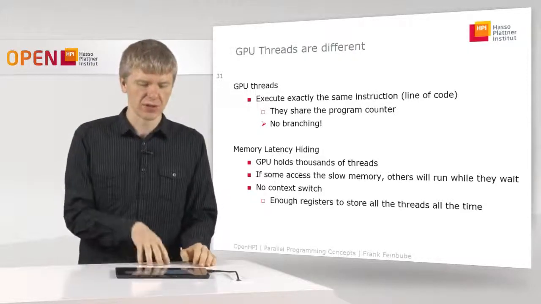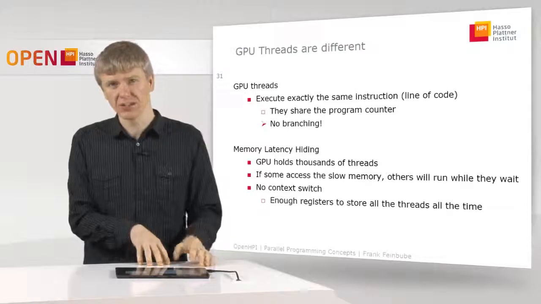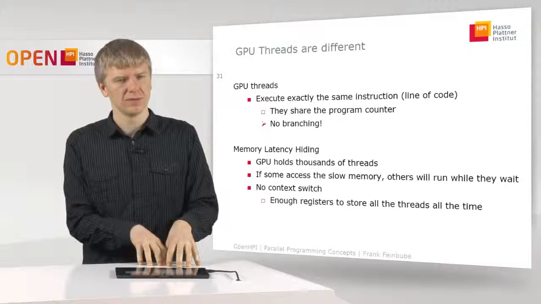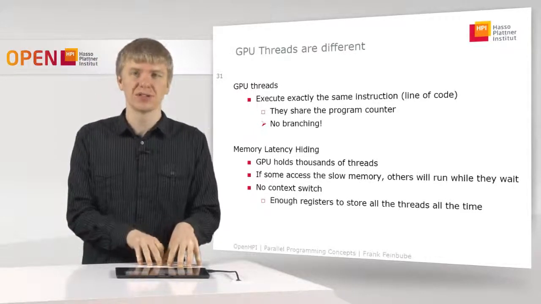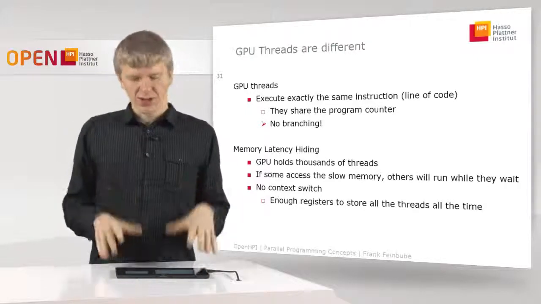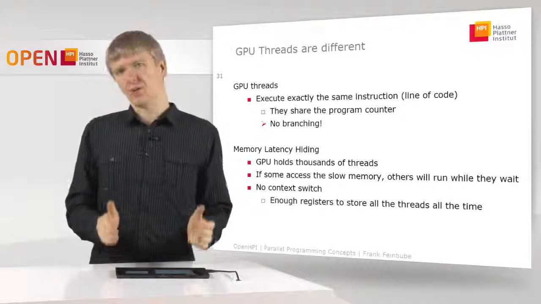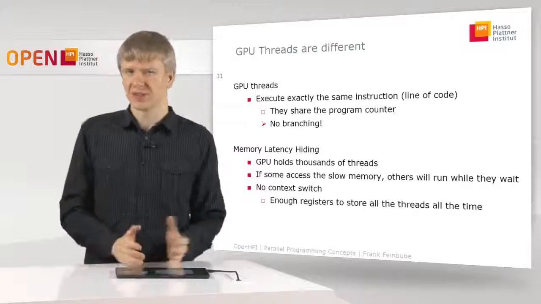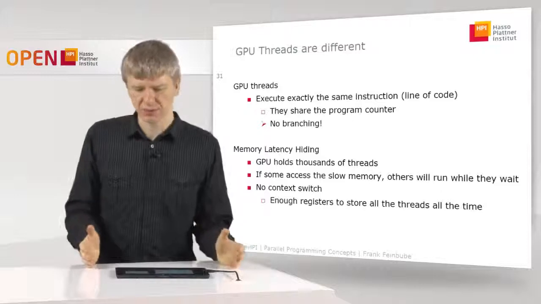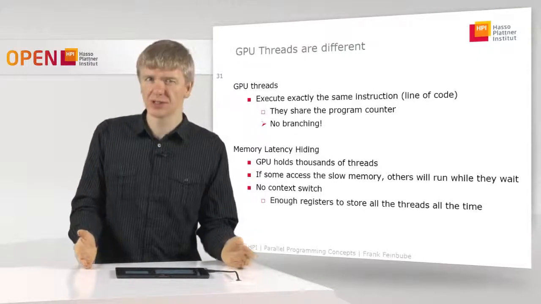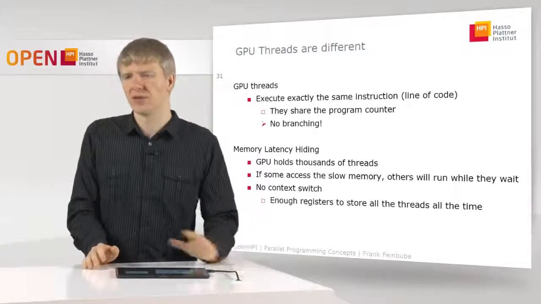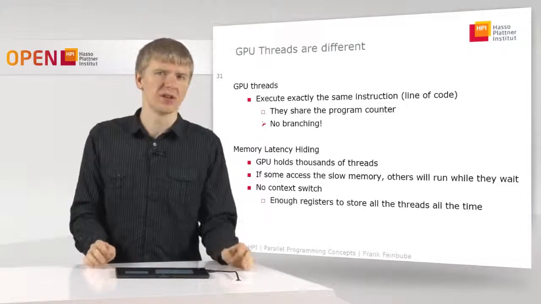We don't have this for GPU threads, because here we don't need to save anything, because there are so many registers on the card already that it can hold 1,000 threads, and also threads are usually not using so many registers. So let's say we have thousands of those simple threads, and each of them would use 4 registers, then we would need 4,000 registers, and current GPUs have around 64,000 registers on the GPU already.